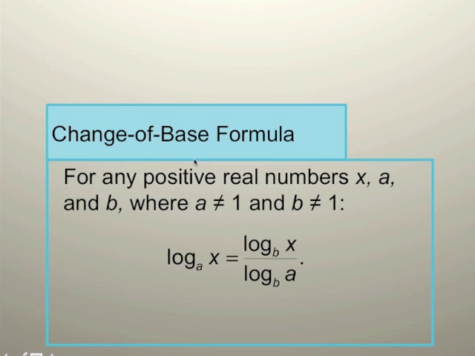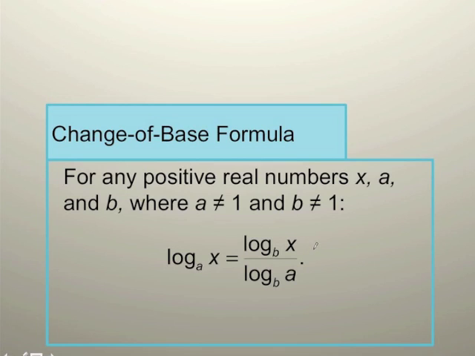This is the change of base formula. For any positive real numbers x, a, and b, where a is not equal to 1 and neither is b, then log base a of x is equal to log base b of x divided by log base b of a. We use these most commonly.